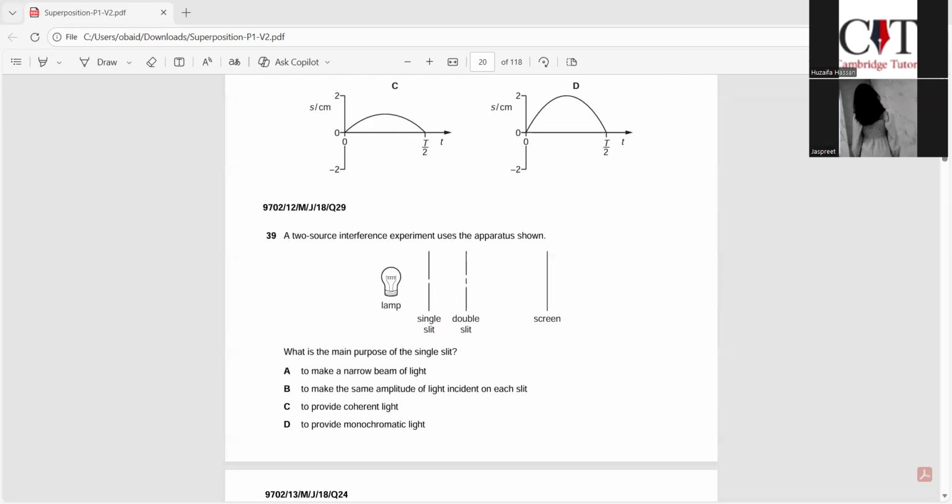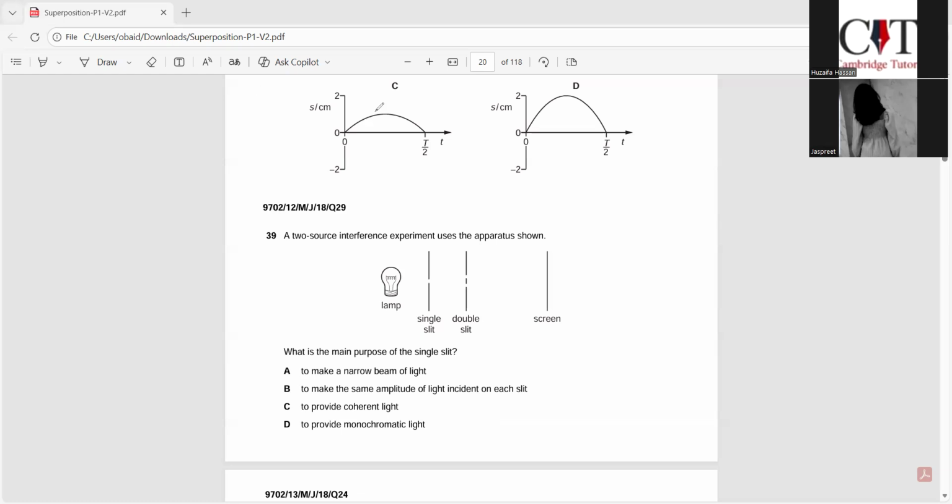Amplitude would differ. Now the other part C is saying to provide coherent light. What does coherent mean? The frequency in the lambda is more. Now the main point was constant phase difference. Yes, constant phase difference, but you were right that the same frequency as well, but the main point was constant phase difference.